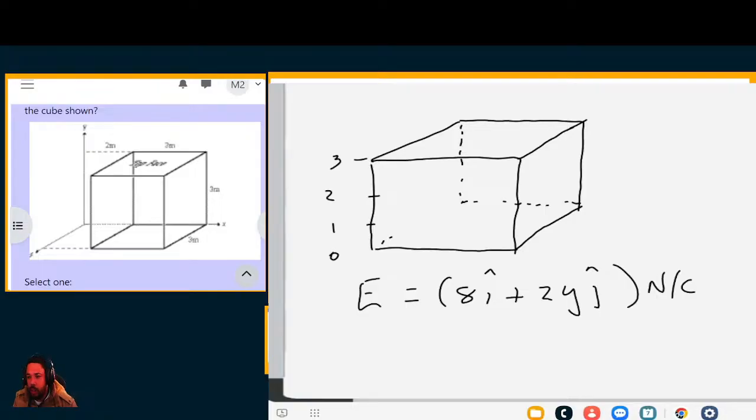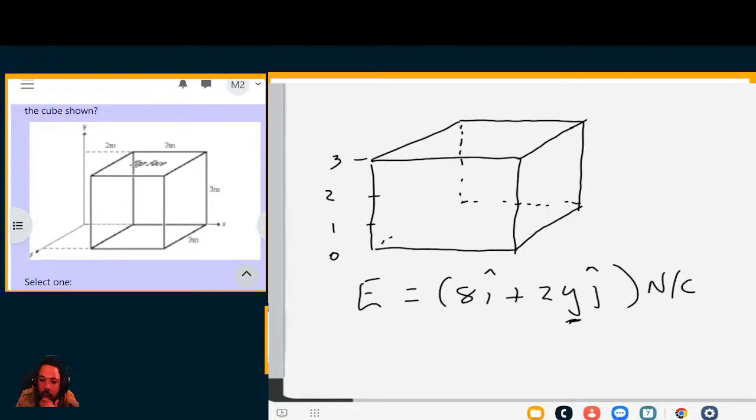Ignore what I've said before. Just give me a thumbs up if you understand that the electric field changes according to what position of y you are at. Okay, so you understand the concept.